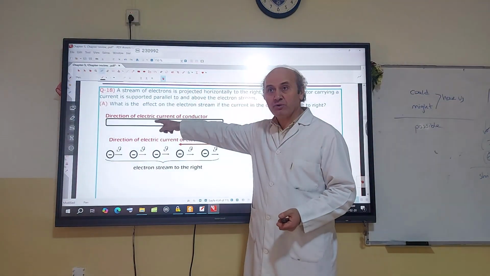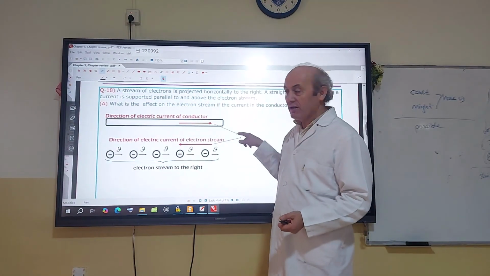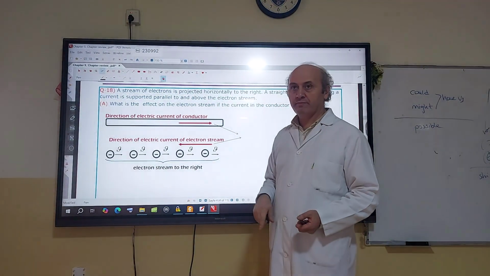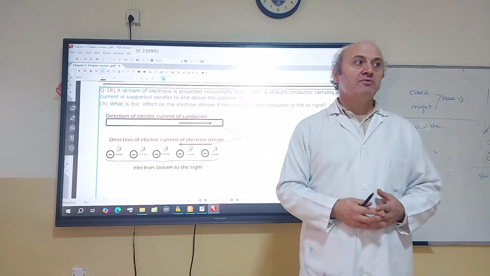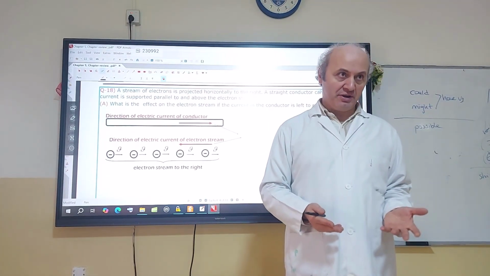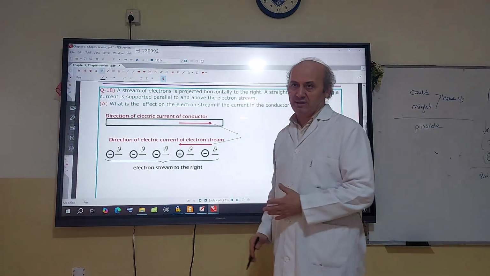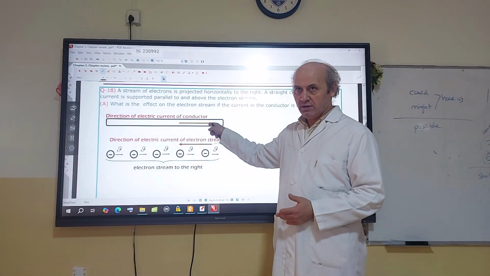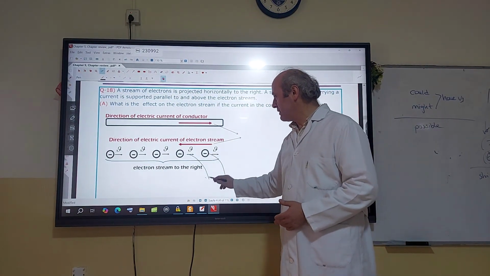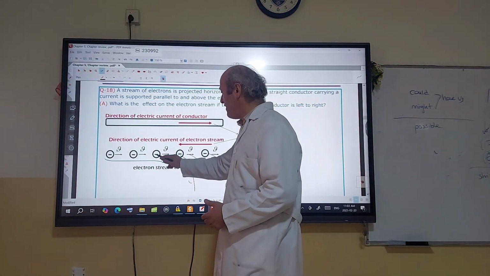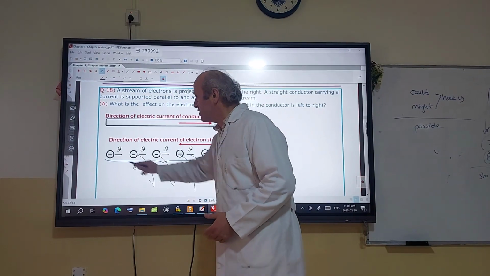But the conductor's electric current is to the right. These two currents are opposite. If two currents are opposite, they will repel each other. Yani these electrons will be repelled by this conductor. When it's repelled, it will be deflected like this. Yani they will deflect away from the conductor.